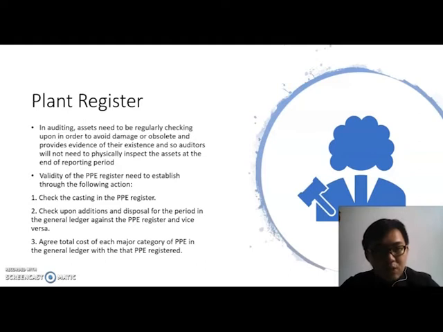The first action is to check the casting in the PPE register. The second action is checking the additions and disposals for the period in the general ledger against the PPE register and vice versa. The third action is to agree the total cost of each major category of PPE in the general ledger with the PPE register.